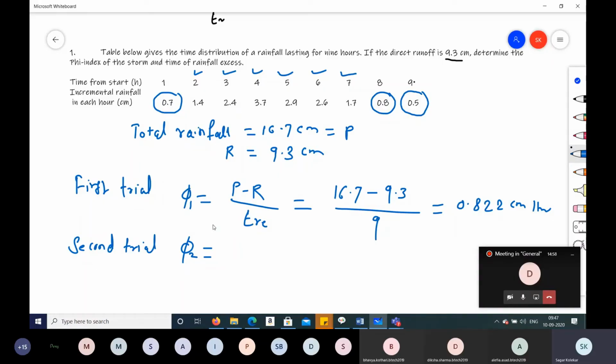So I will write here. What is the sum of 1.4 up to 1.7? It is 14.7, right?